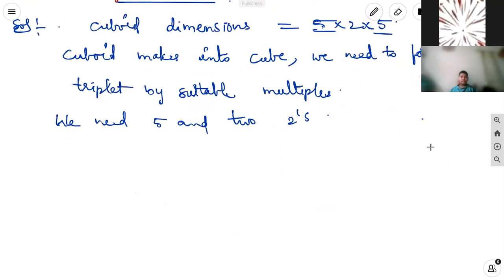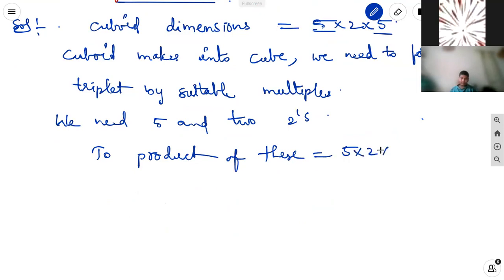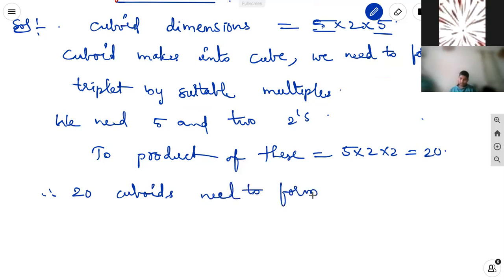That is, the product of these is equal to 5 into 2 into 2, so 20. Therefore, 20 cuboids are needed to form a cube. It is the answer.